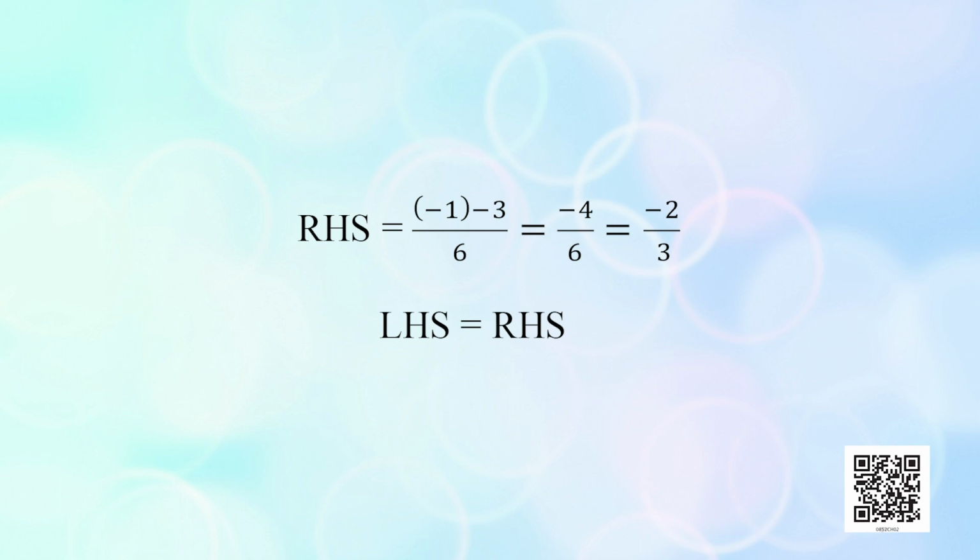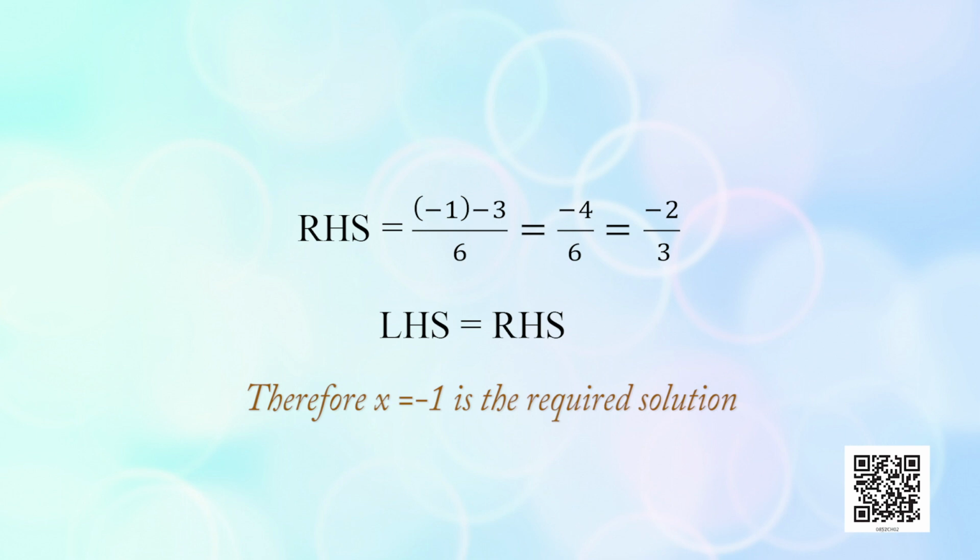Similarly, on the right hand side, (minus 1 minus 3) divided by 6, that is nothing but minus 4 by 6, that is minus 2 by 3. Therefore, both left hand side and right hand side have the same answer, minus 2 by 3, by putting x is equal to minus 1. Therefore, x is equal to minus 1 is the required solution.